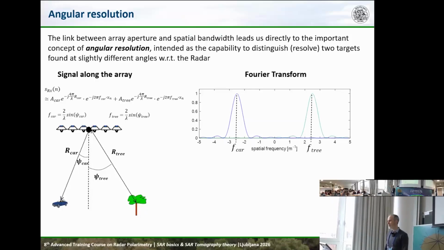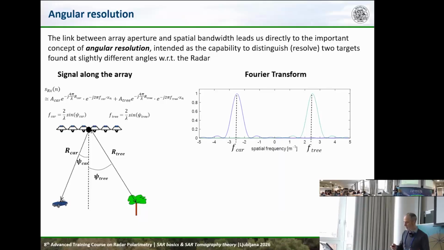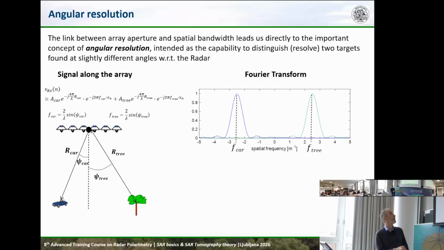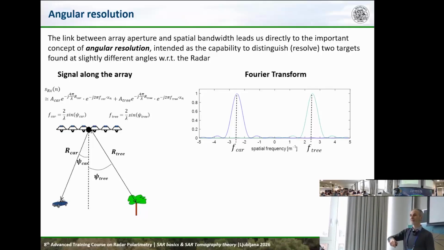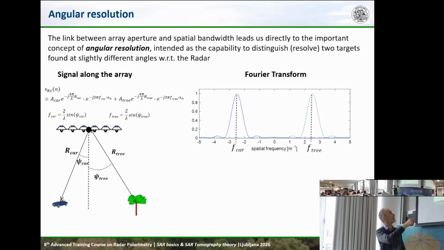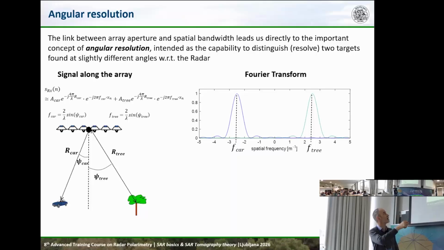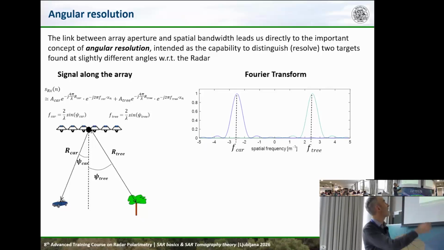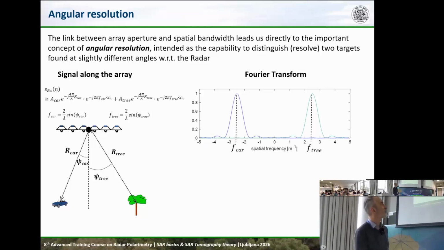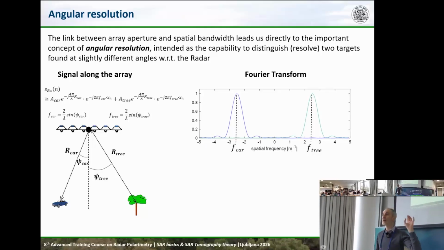And so it means that we have an angular resolution. Let's make the same example as before. This time I have two different targets. There is a car, there is a tree. The car is at an angle psi-car, the tree is at an angle psi-tree. The two signals overlap, so I have the sum of them. When I do my Fourier transform, what I get is two peaks.